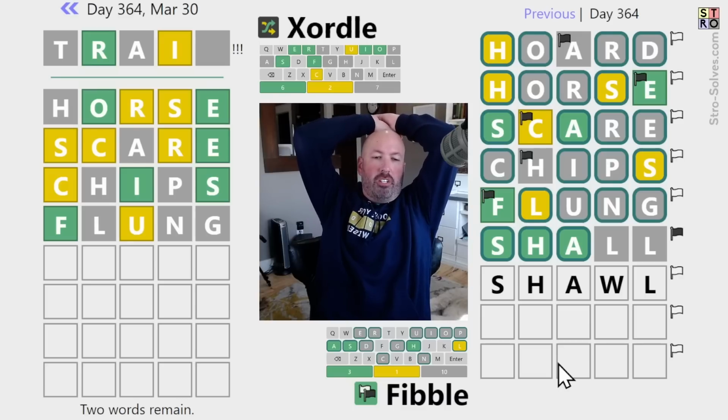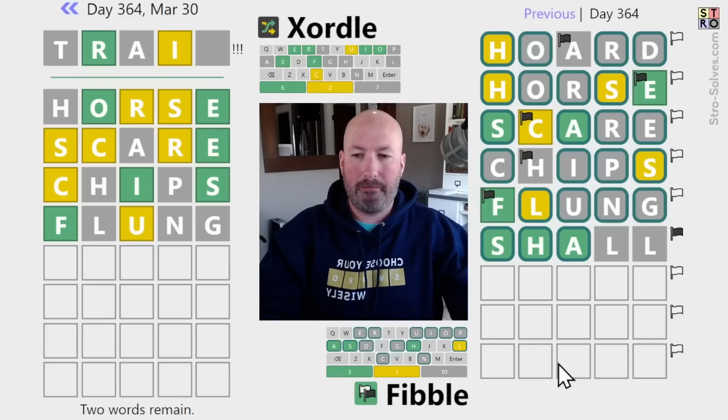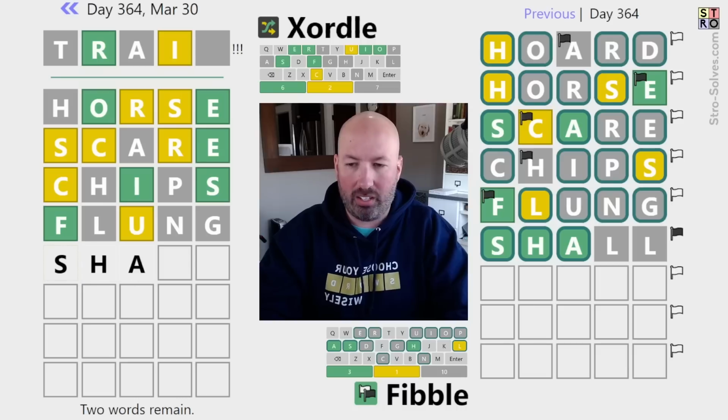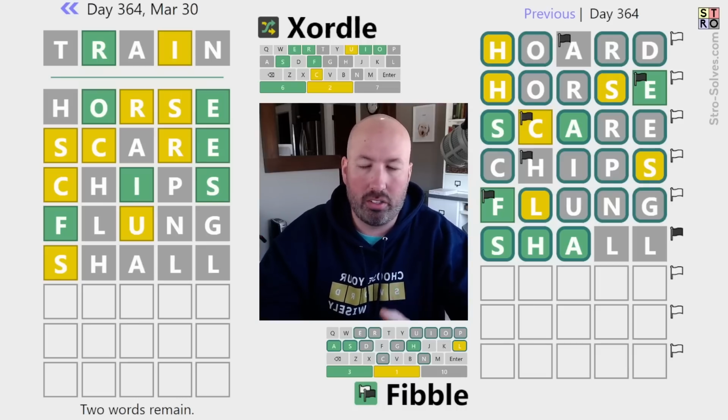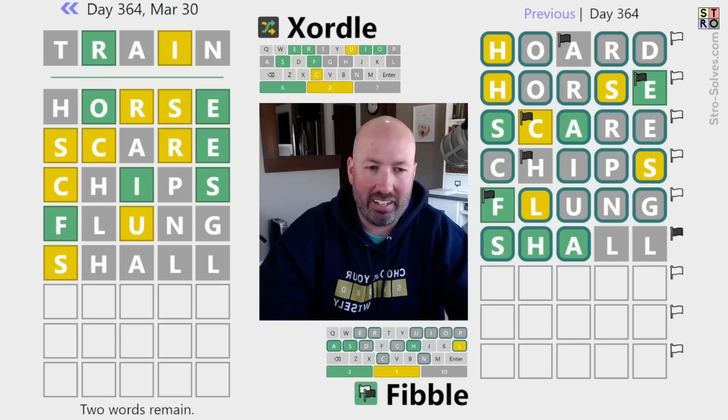I should have thought of shawl. Okay, it's gonna be shawl. Oh, I have to guess shall over here, which is a wasted guess, and shawl is no good either, because I think it's focus and drive. But we're still okay, we've got 3 more guesses, as long as that's right.